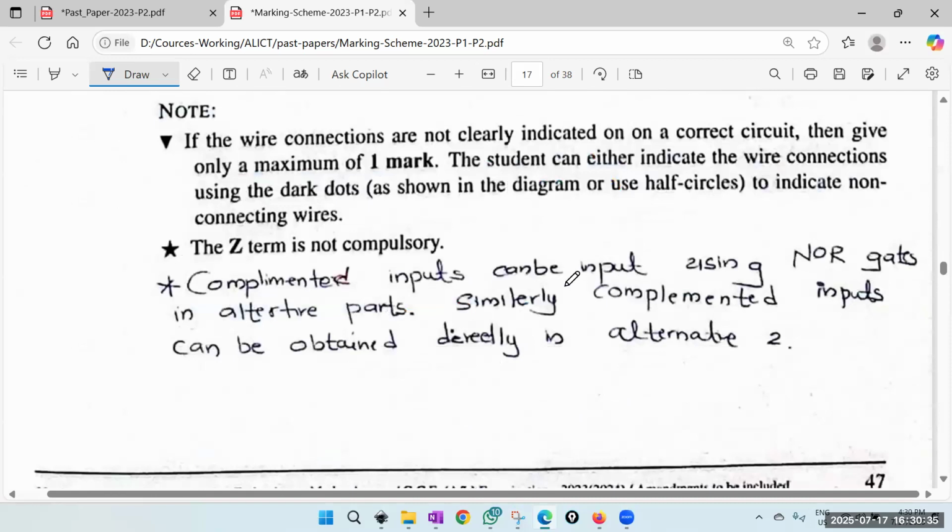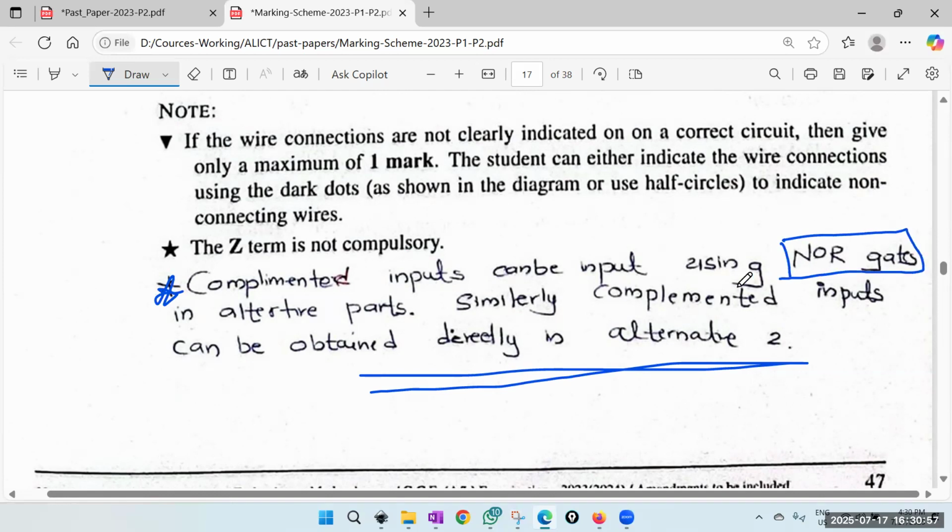Complemented inputs can be obtained using no gates in the alternative part. Similarly, complemented inputs can be obtained directly. You can see you can take the complementary inputs directly because the examiner has mentioned that. You can see there's a note here, right? So either you can take the complement using a no gate. That is, you complement your A into A bar.